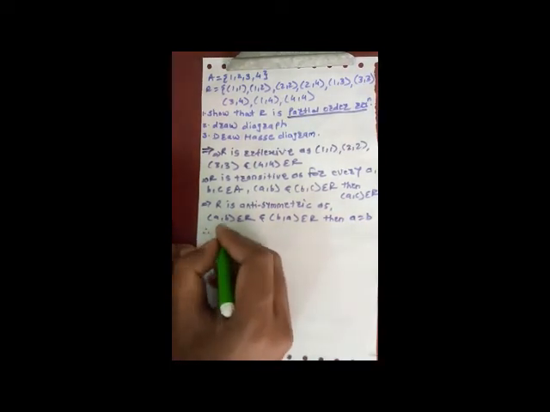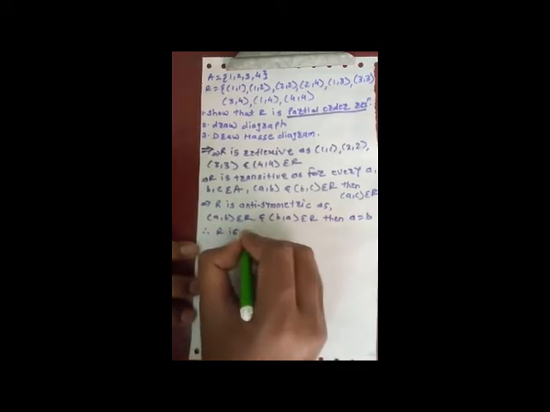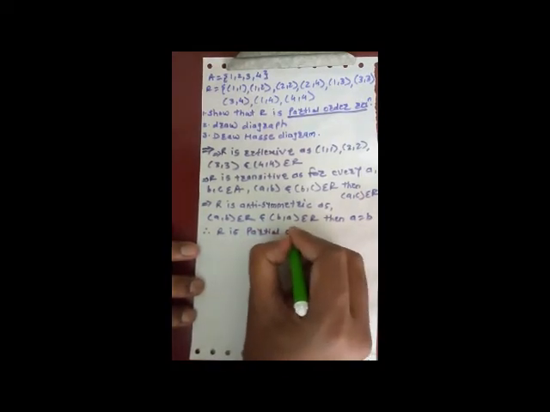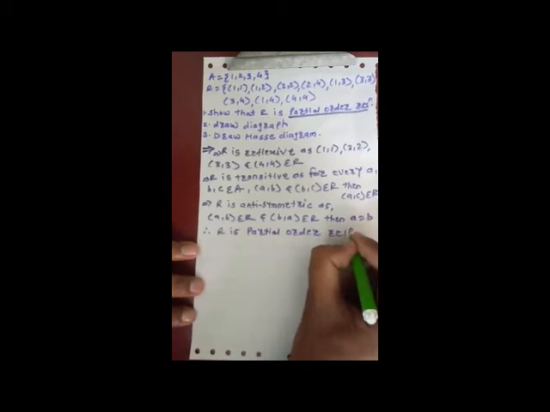Therefore we can say that R is a partial order relation.